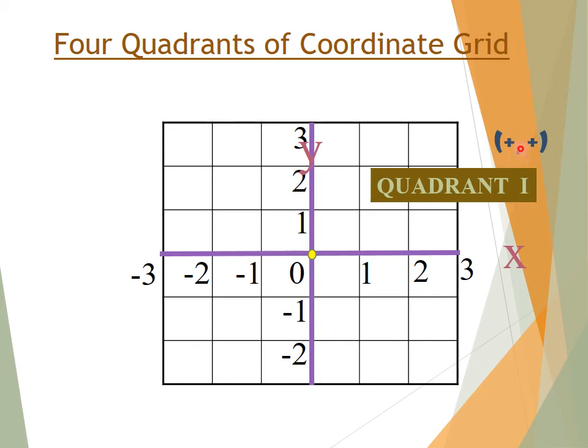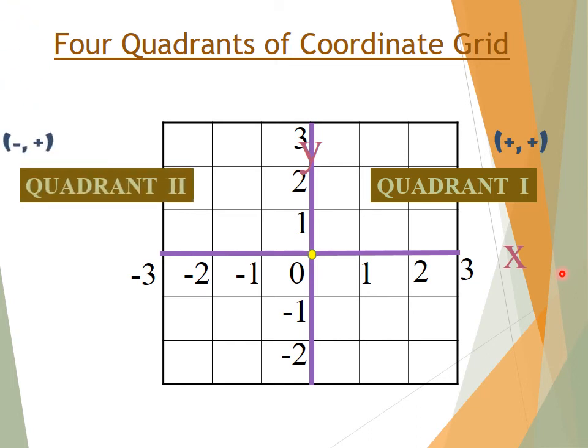Both the x and y coordinates will be positive, +2, +3, these kind of coordinates. The points which lie in the second quadrant will always have the x coordinate negative and the y coordinate positive. So one example will be -2, 1.